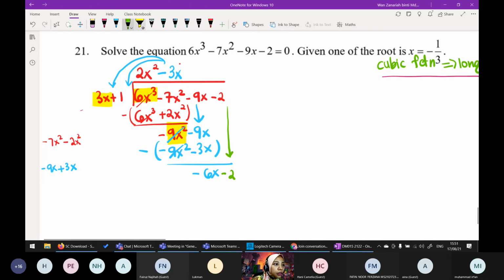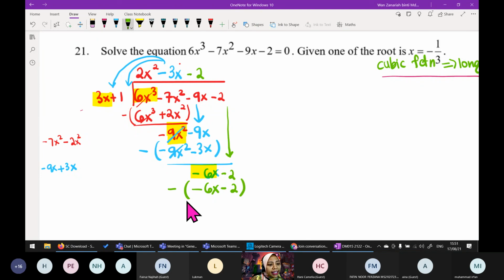Okay, now you have to think of what makes negative 6x. Apa dia? Negative 2. So negative 2 times 3x dapat negative 6x. Negative 2 times 1 dapat negative 2.